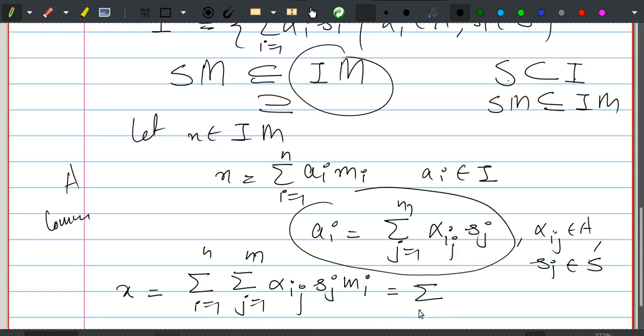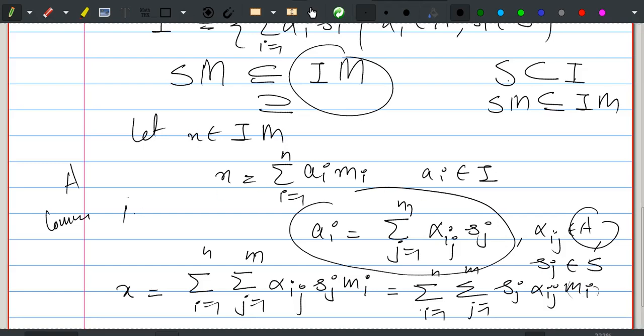So this is sigma i goes from 1 to n, sigma j goes from 1 to m, and this is s_j times alpha_ij m_i. Now alpha_ij being an element of A and m_i being an element of M, and we know that AM is the same as M because this M is closed under the scalar multiplication by the elements in A. So this is an element of M and s_j is an element of S.